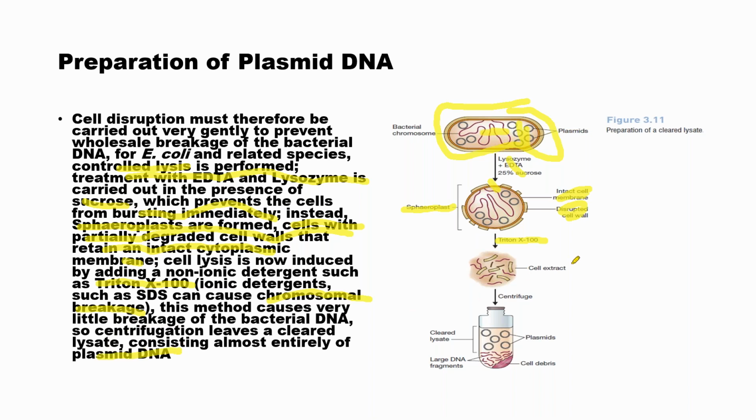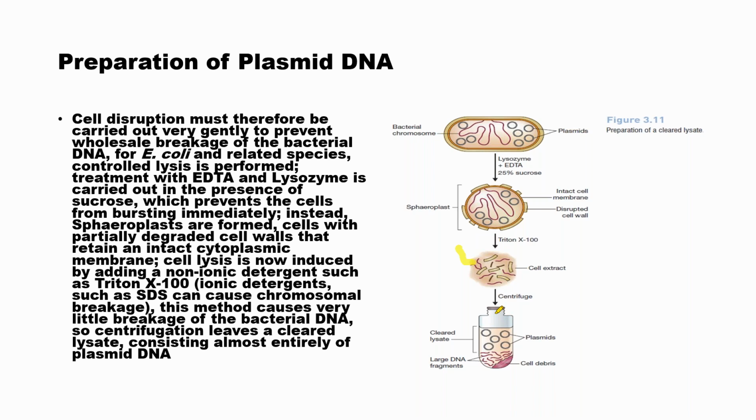Yes. So after adding Triton X-100, the plasma membrane will also be broken, and we get the cell extract. In the cell extract, we can see that the chromosomal DNA remains with the cell wall as a complex.